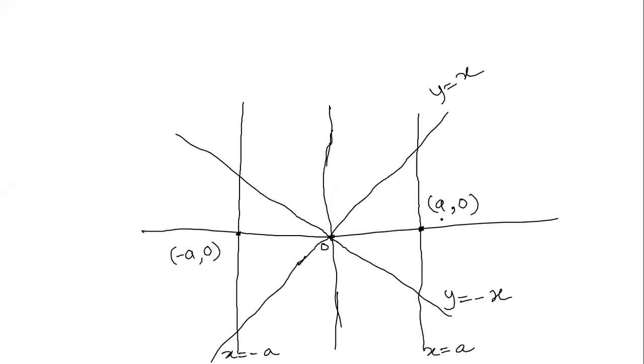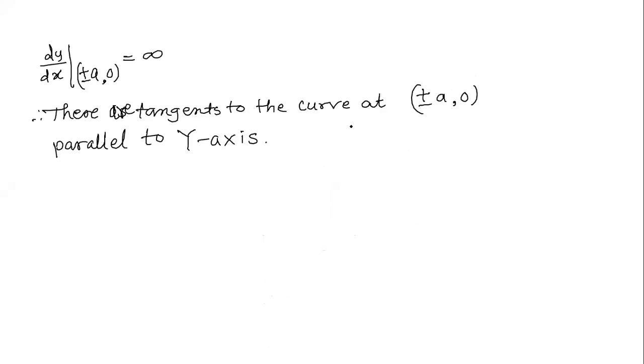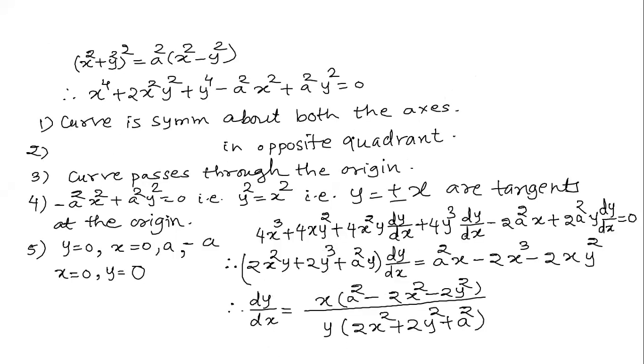Now, does the curve exist between x equal to 0 and x equal to a? For that, what will we have to do? Put x equal to a by 2 and find y square. So let us see how y square comes out.